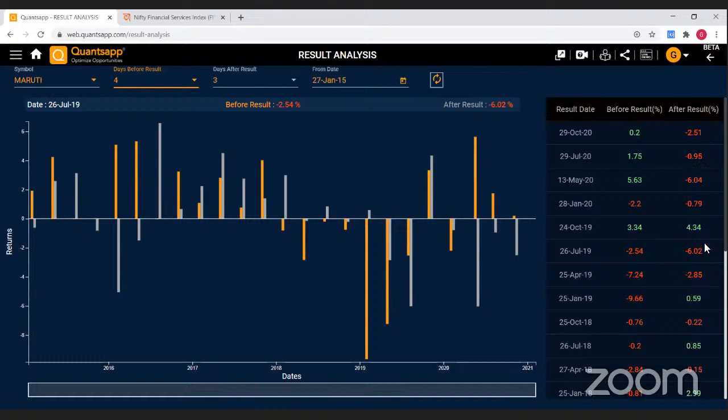So you can see the quantum of the magnitude of increase and decrease based on the previous performance.